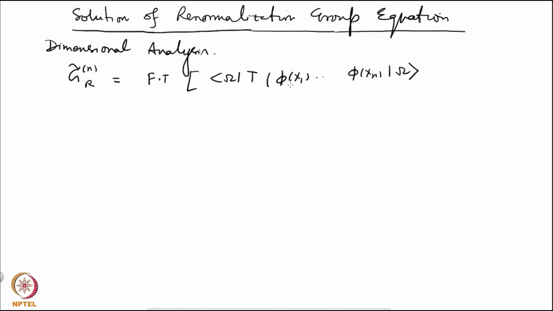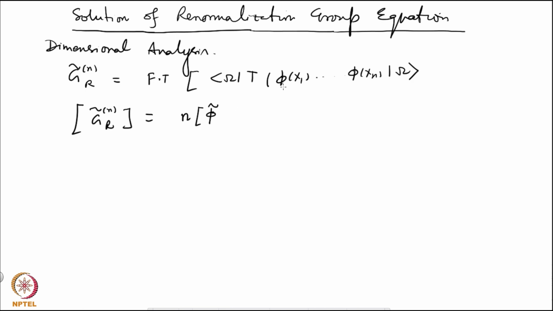So when you do a Fourier transform, each of these phi's become phi tilde. G tilde n will have the dimensions of n times phi tilde, so we need to know the dimension of phi tilde. The mass dimension of G tilde n is n times the mass dimension of phi tilde.